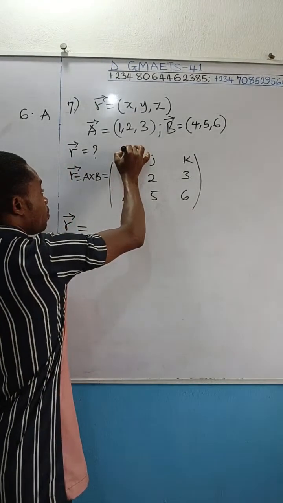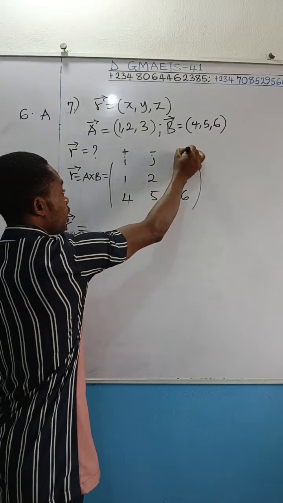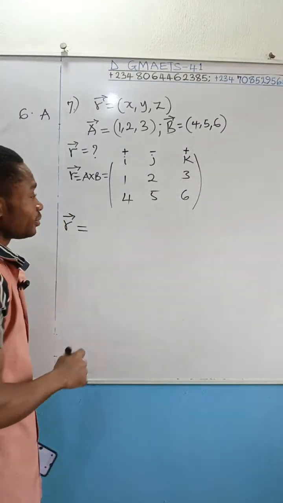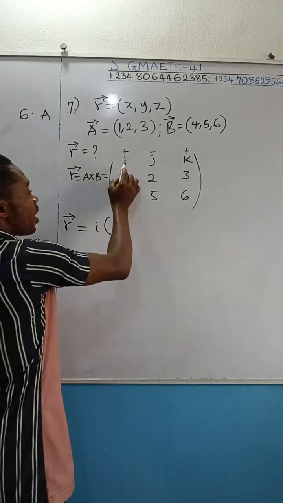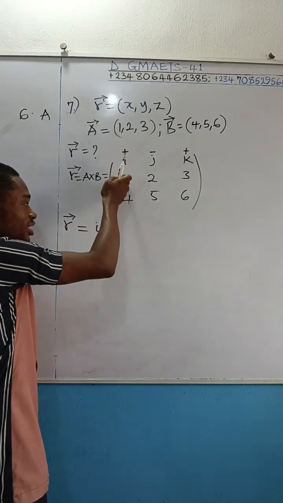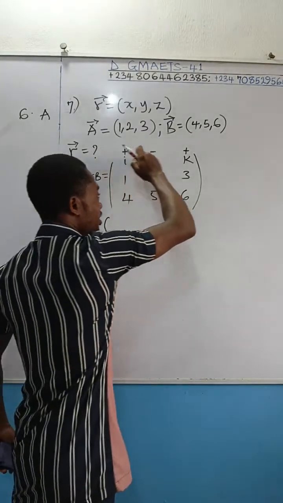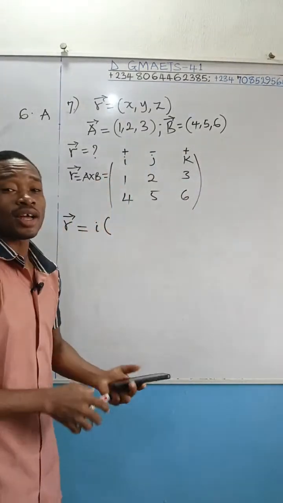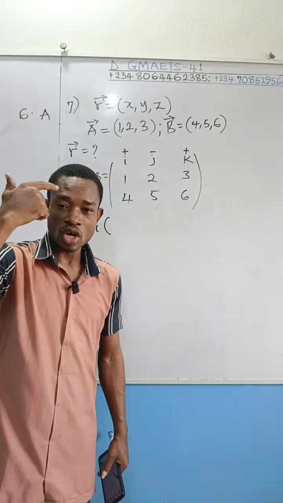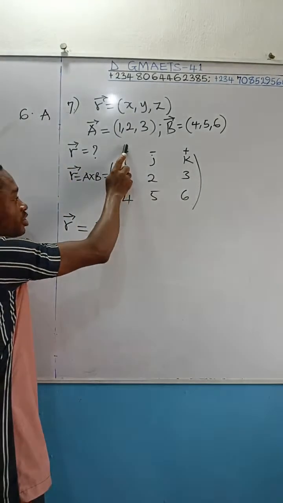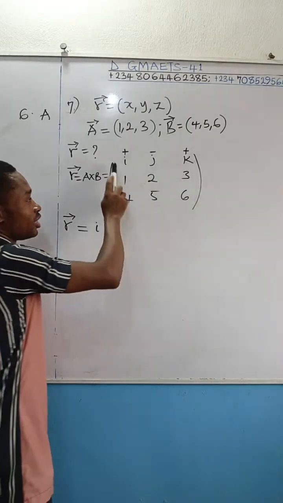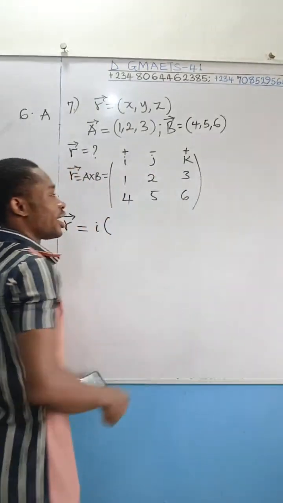Come over here, put plus, minus, plus as the standard. Then I'm going to extract plus i. If I pick this i, I will delete this column and this row. Don't go canceling anything. Use your mind's eye, your imagination to assume that this column where i is no longer there, this row where i is no longer there.